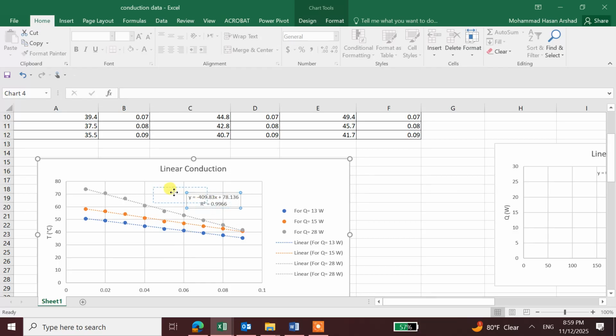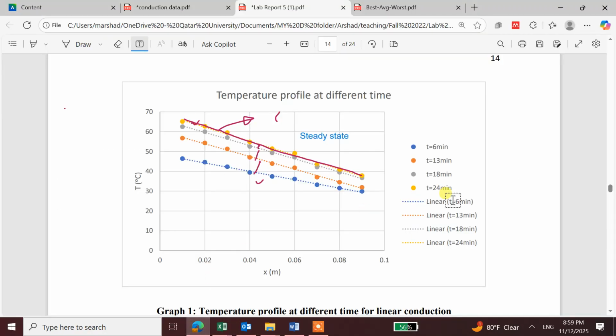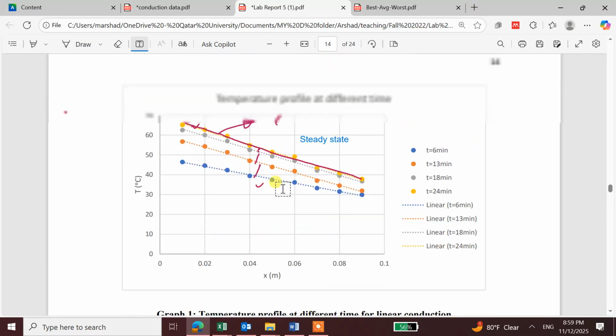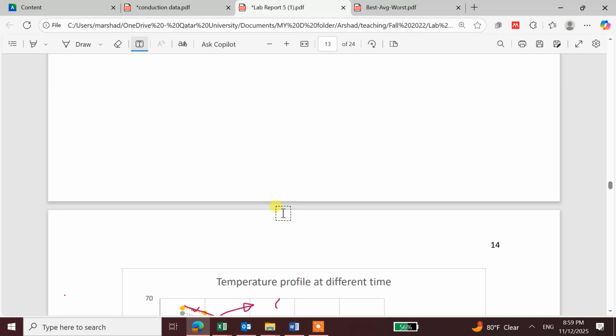The first value is 28 watt. The slope is minus 409. Similarly, you can get the slope here and so on. That is dT/dx, and using that you can find k. So q is k A dT/dx.